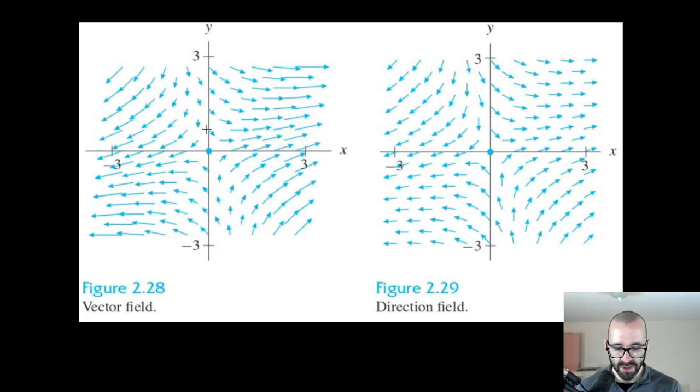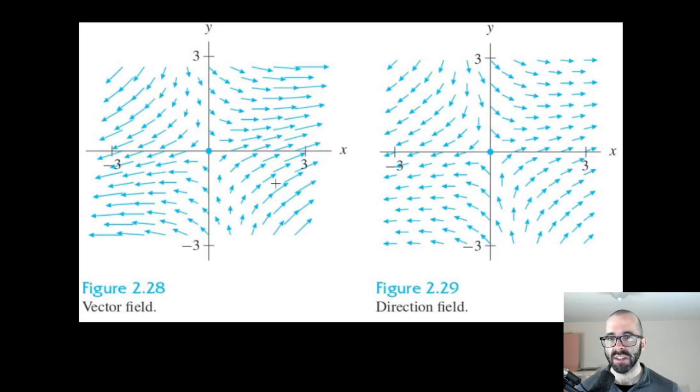So there's not much speed here. We can think of it like the flow of some kind of liquid. It's not very much speed here, and the flow seems to get turned away from this equilibrium in a sense. Then the further we get away from that equilibrium point, we really start building up speed. So the vector field here is actually kind of nice.